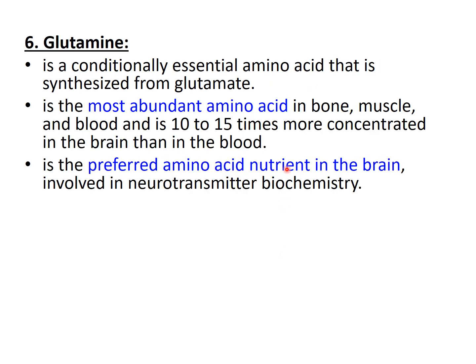Glutamine, you remember I mentioned it, a very important amino acid: glutamine synthase takes glutamate, puts an amino group there, and glutamine is produced. It is very abundant in the bone, muscle, and blood, and is also taken up through the blood-brain barrier and involved in neurotransmitter synthesis in the central nervous system.